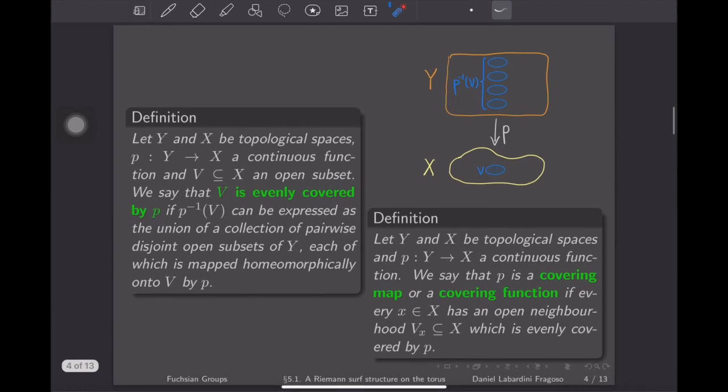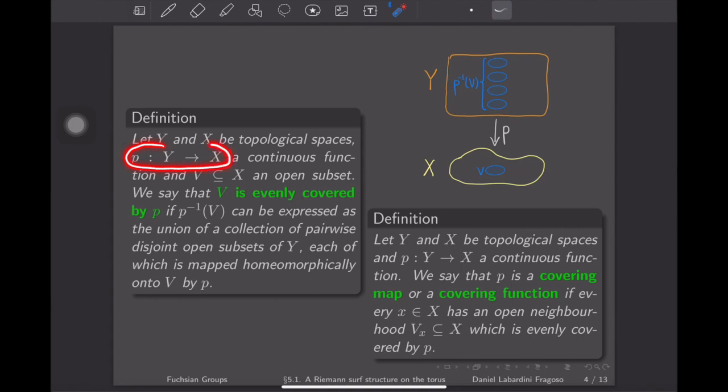So first, a definition from basic algebraic topology, and it's what is a covering map or a covering function. So first, suppose that I have two topological spaces and a continuous function p from Y to X. We say that an open subset V of the codomain is evenly covered by the function if the following happens.